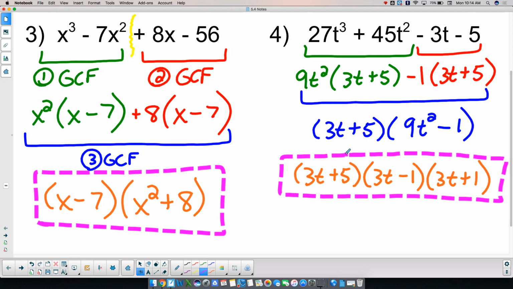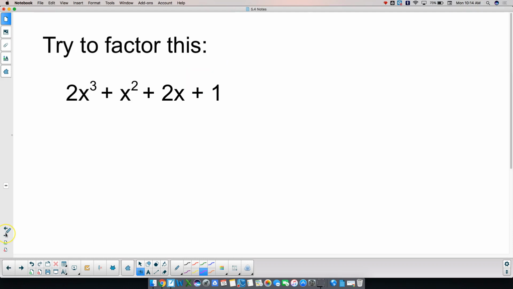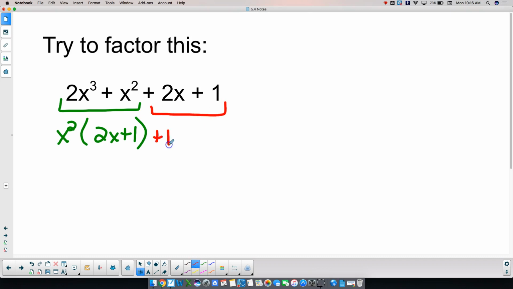Okay. Try that one. Left side, take out an x squared, leaves me with 2x plus 1. Right side, take out a plus 1, leaves me with 2x plus 1. So if I can't factor anything, I've got to factor out a 1, because I have to do the GCF 3 times. Okay?